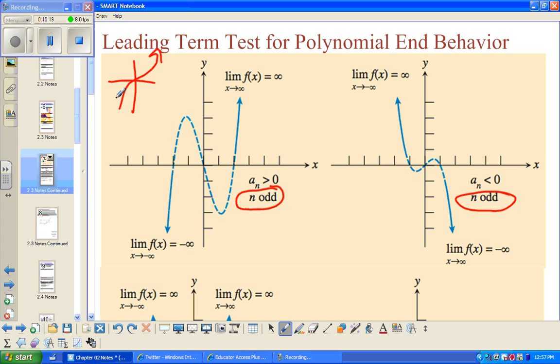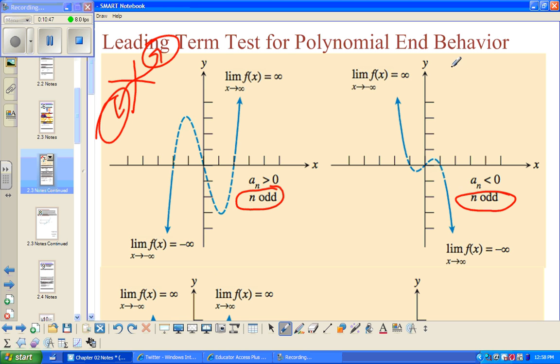But you know what x cubed looks like. As you approach negative infinity, the limit as x approaches negative infinity of this function equals negative infinity. It goes down. As you approach positive infinity, it goes up. Every odd function with a positive leading coefficient will have that same end behavior. That's what you need to remember.